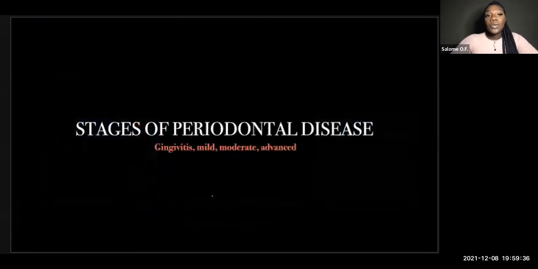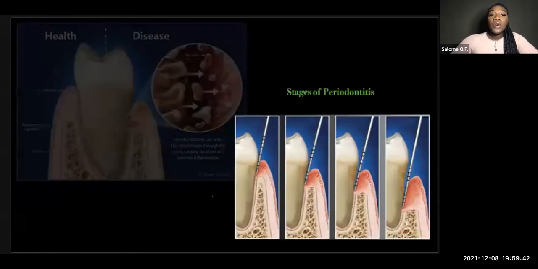So let's get into more of periodontal disease and the different stages that we have. Earlier I mentioned the instrument we use to determine the stage you are in your condition, this instrument here that is nicely pictured. The different black lines here show what number. So 1 to 3 are numbers that are good.